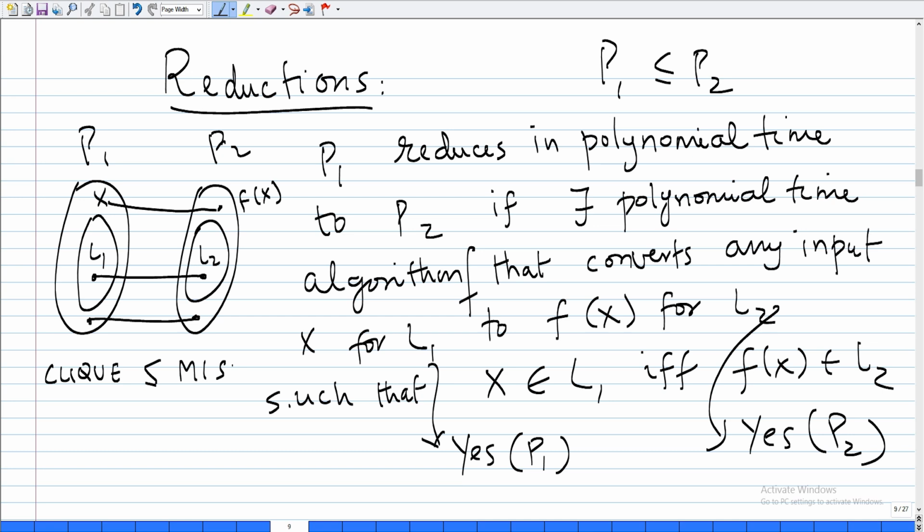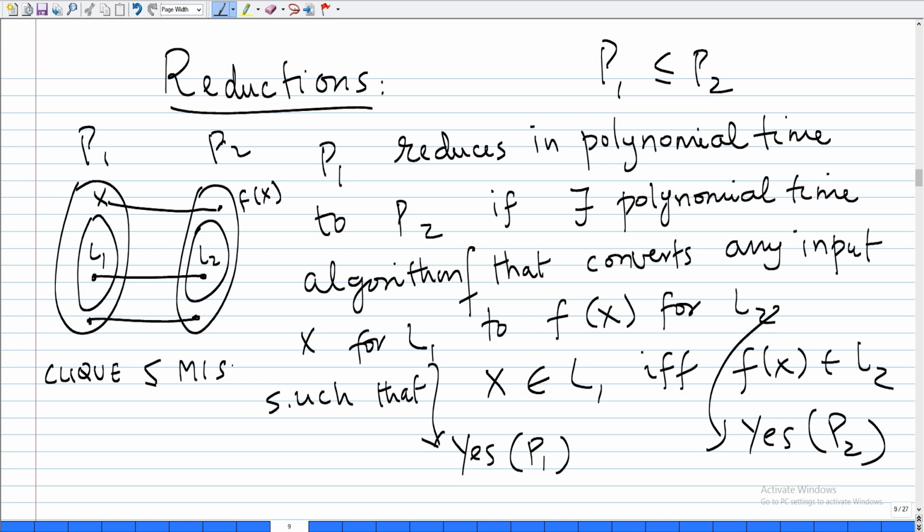I want to reduce from clique to independent set, so what it should do is take an instance here and convert it into an instance of this, such that a yes would correspond to a yes and a no would correspond to a no. So, what was the function doing? It was just complementing the graph. That is all the notion of reduction is.